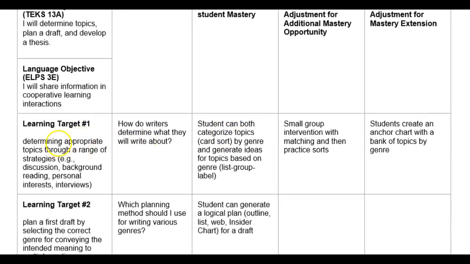So if students are determining appropriate topics, they might categorize using a card sort and then generate appropriate topics and list them, group them, and label them. This way, they can demonstrate that they understand both which topics go with what genre, and they also show that they can generate a list of topics and put them in the appropriate category.